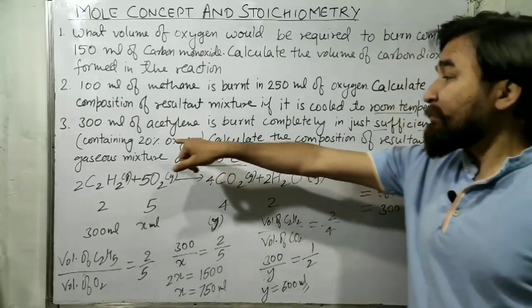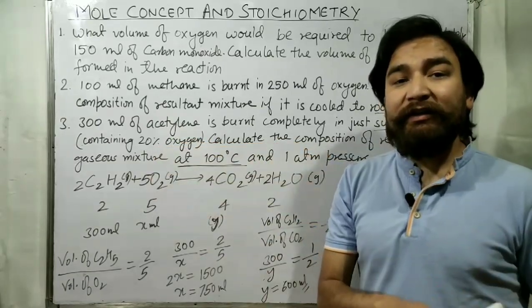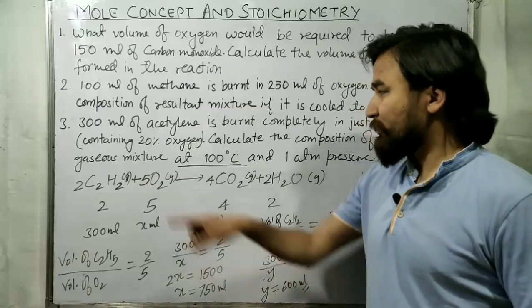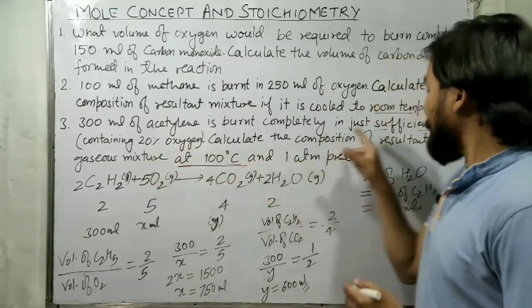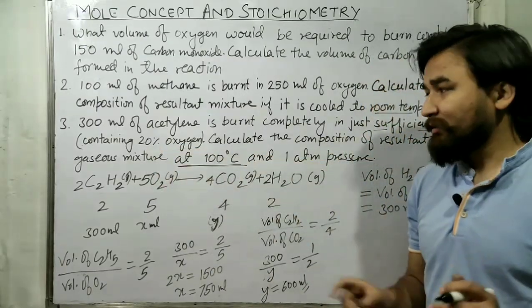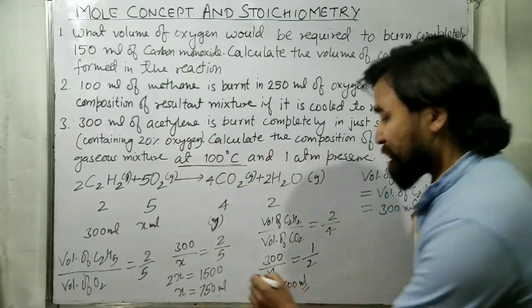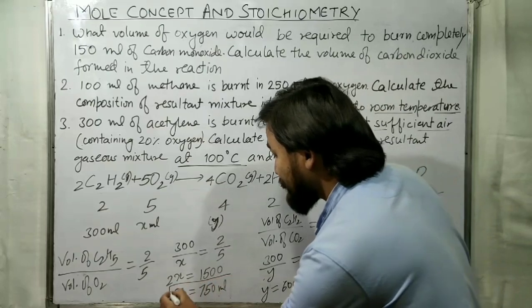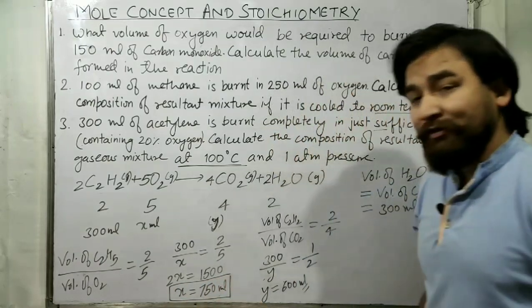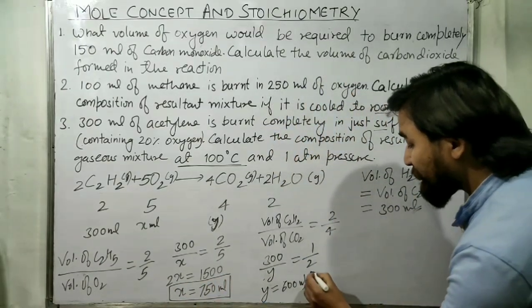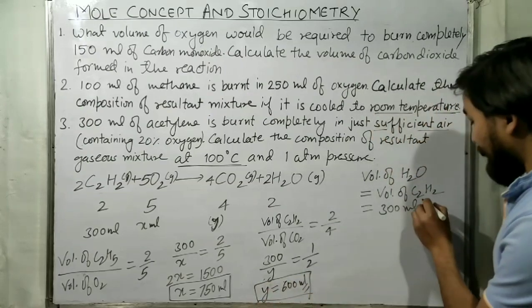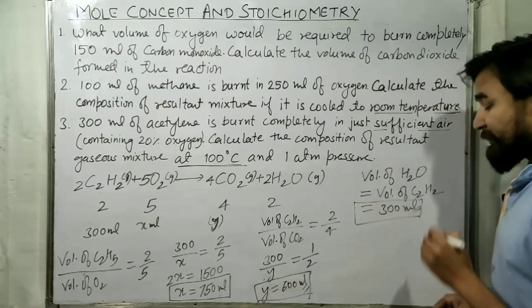Now the 20% oxygen is completely exhausted because it is sufficient for the reaction. So the 20% oxygen was equal to 750 ml. So this is the volume of oxygen that was required for the reaction, and it is the volume of carbon dioxide that is formed. It is the volume of water vapor that is formed.